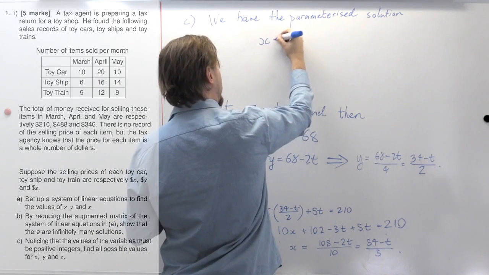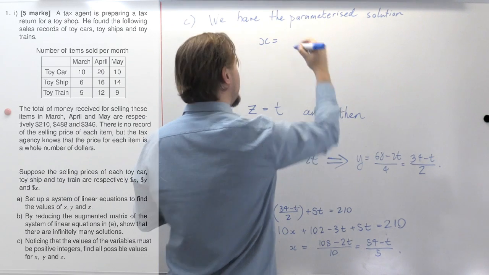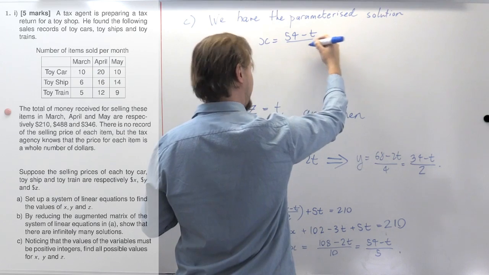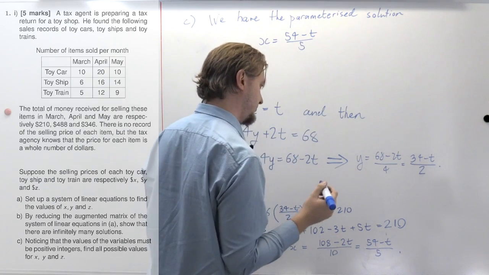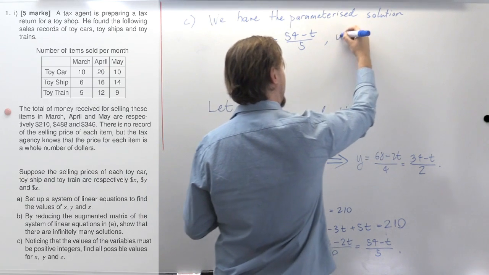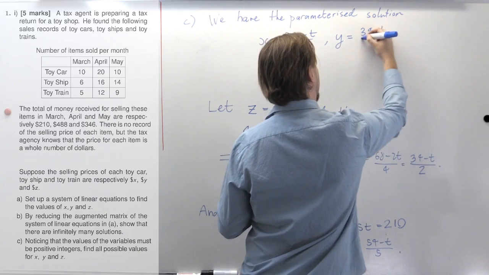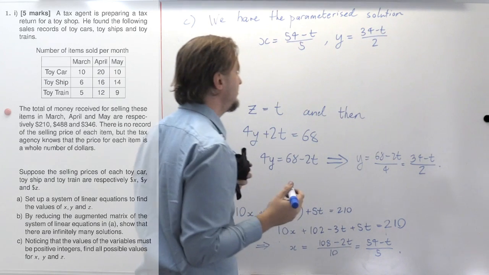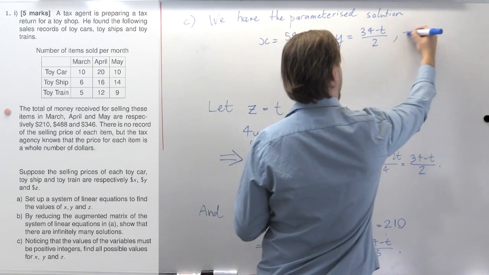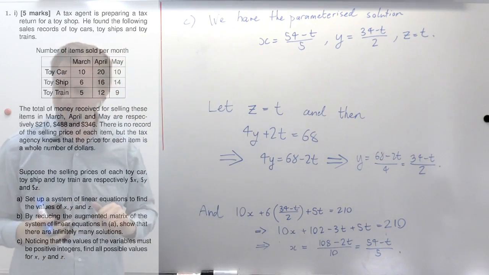So we had that x was going to be equal to 54 minus t over 5. We had that y was going to be equal to 34 minus t over 2. And we also had that z was just equal to t. That was the parameter we chose.